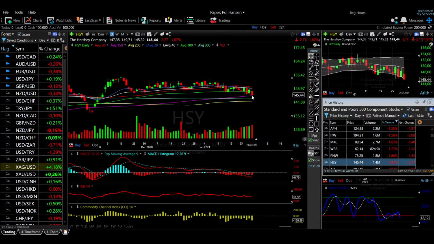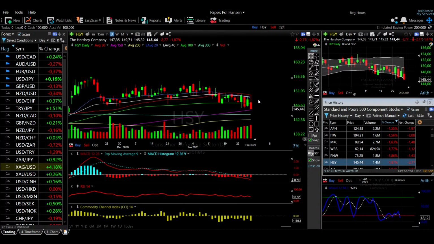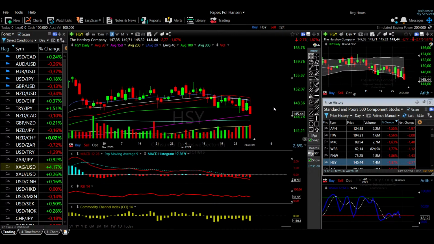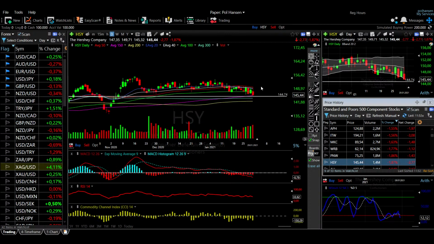And usually the 100, 150, 200, 250, and 300, all of those major long moving averages are usually very, very supportive or resistant when you get close to them. So expect a rally from here, and if you buy into this, put a stop loss right underneath the 150 moving average here, and then target these previous highs.